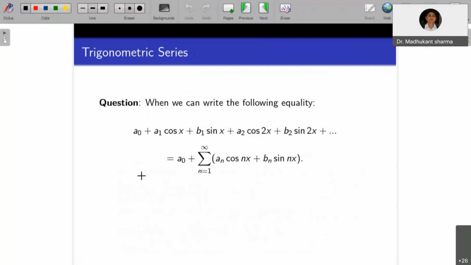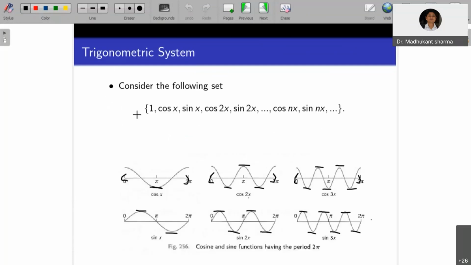Right. So the question now, as I told you, is that Fourier worked on a linear combination of the previous set.